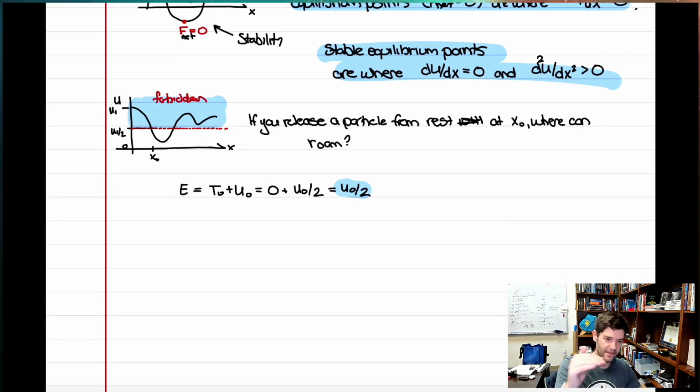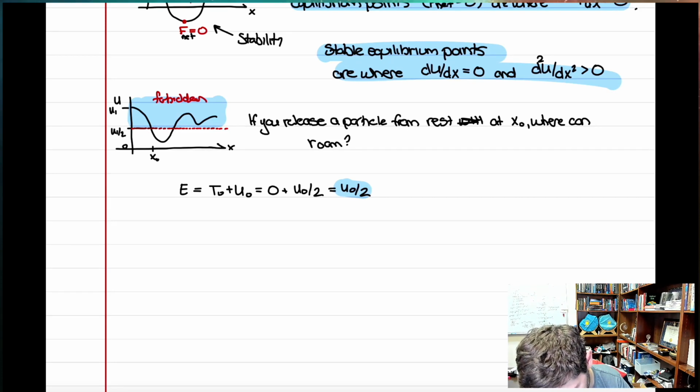Because to live in that region means that your total energy exceeds what must be your total energy based on energy conservation. So if you started here from rest, you're limited to roaming around in this valley.